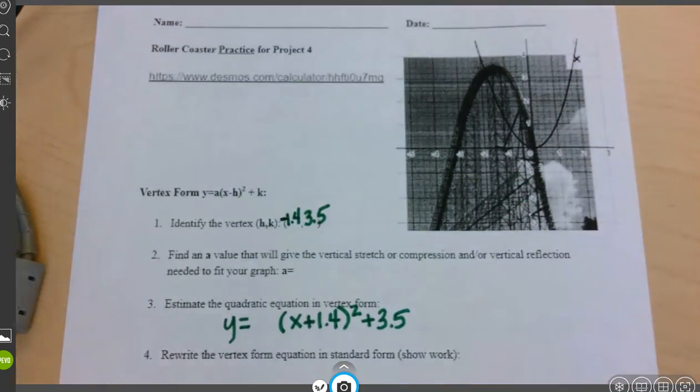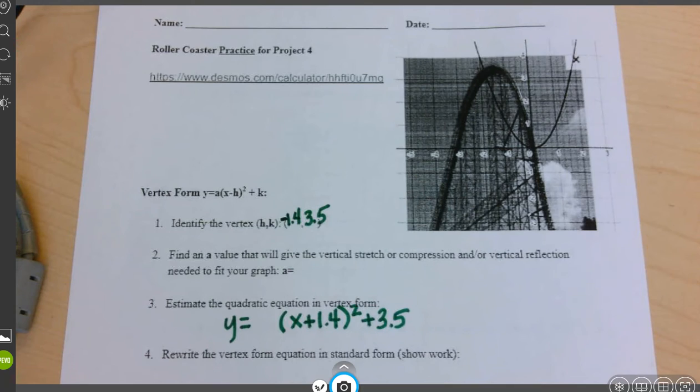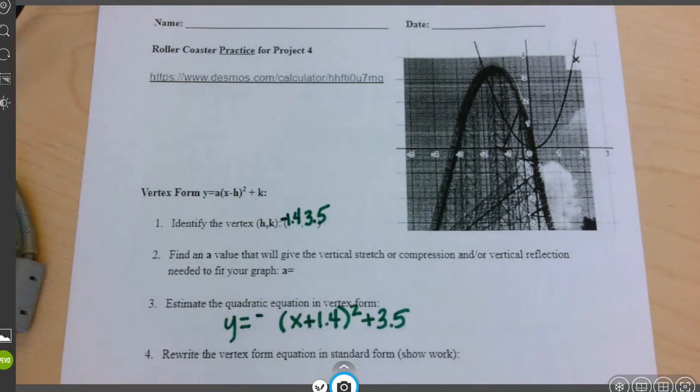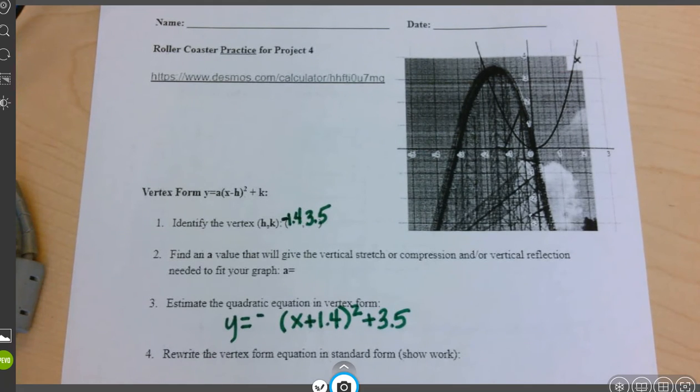Now, I don't know if it's going to be like a negative number, like -0.5 or -2. I'm going to leave room in case there's a number there, okay? I'm going to put my negative right there. And we're going to try this in Desmos and see if it works, okay? So go ahead and put that in the roller coaster Desmos. So you have our slides for today.